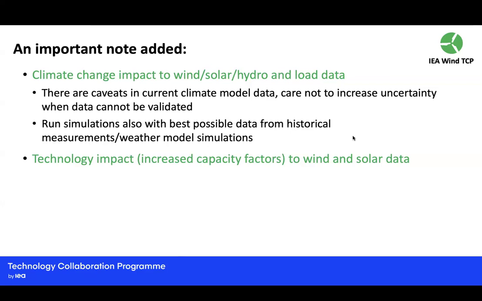However, we know that there are caveats in current climate model data. So you have to be a bit careful: if you just take the data for wind and solar from a climate model, maybe you are adding even more uncertainty than the climate change signal itself. So you shouldn't only go for the climate change data. You should also check with the best simulations you have.